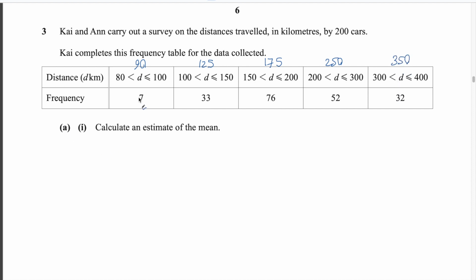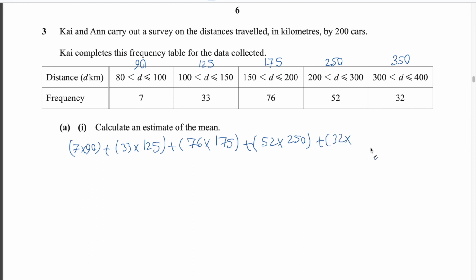So each mid value is multiplied by the corresponding frequency. 7 times 90 plus 33 times 125 plus 76 times 175 plus 52 times 250 plus 32 times 350, then divided by the sum of frequencies, which is the total number of cars given in the question, 200.